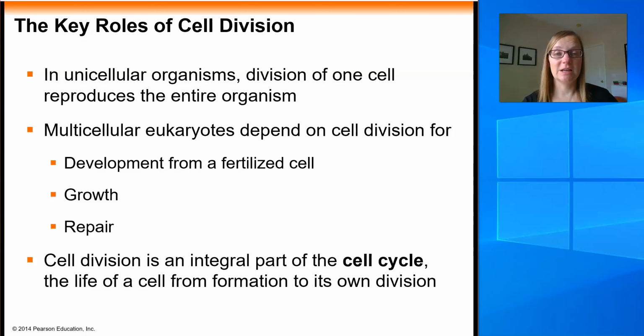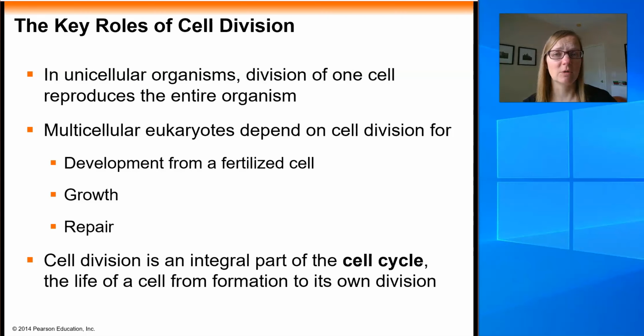However, this is not to say that cell division is not important for a multicellular organism. It is very, very critical for the maintenance, survival, growth, and development of that multicellular organism to allow its cells to go through cell division. So 3 things listed here on this slide that depend on cell division in a multicellular organism include development from a fertilized cell.